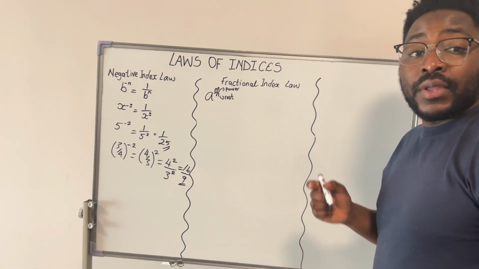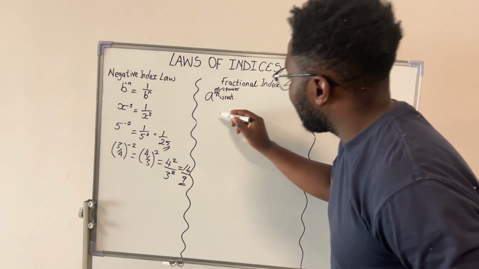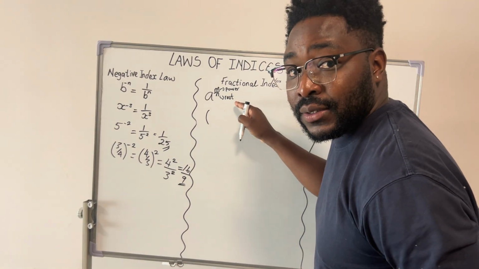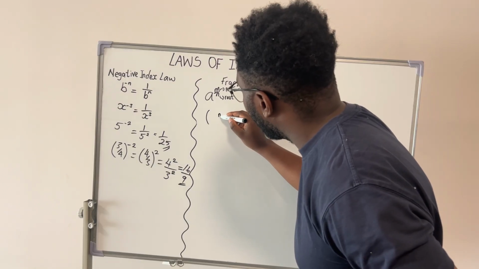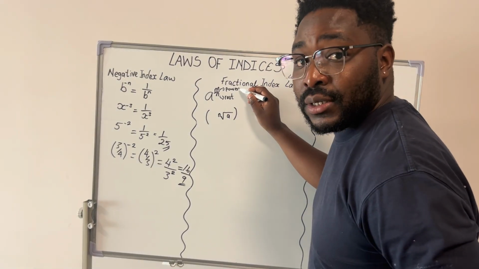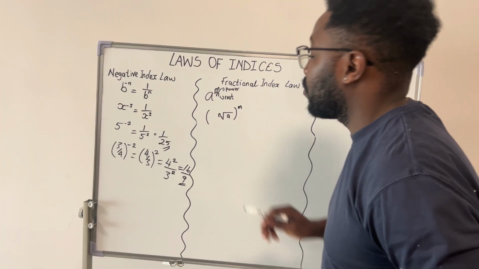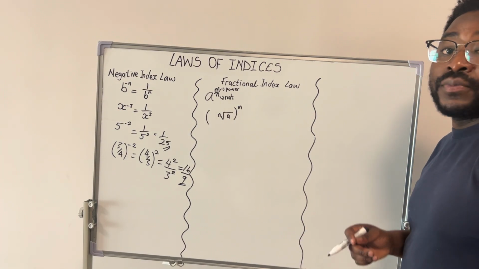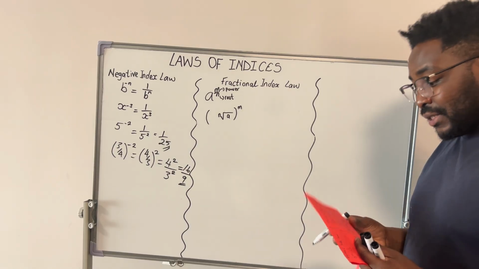So how would that look? I'll open my brackets. Remember, the denominator tells us the root and the numerator tells us the power to raise it to. So this is what the fractional index law states. Let's do an example.